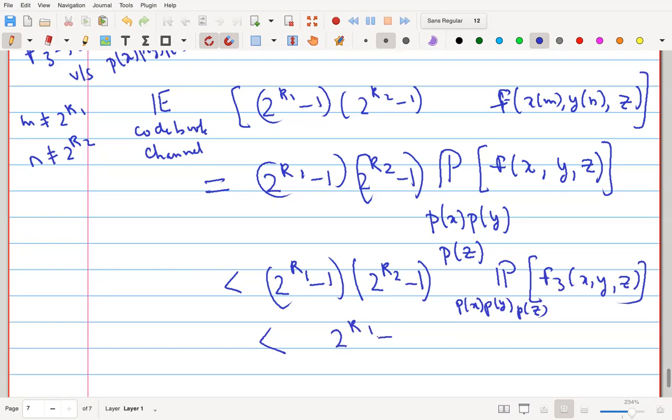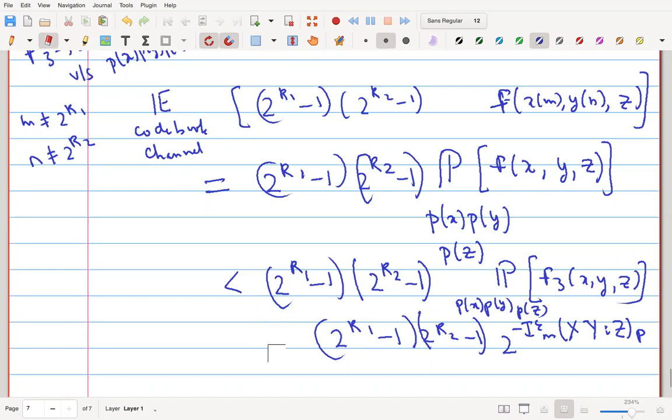So this is 2 to the minus I epsilon min of X, Y, colon Z.